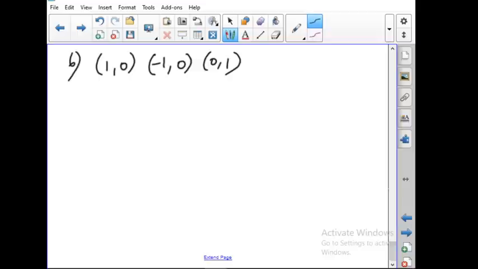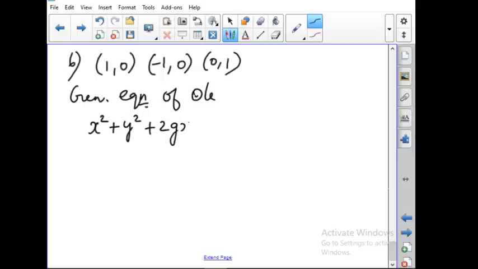So first let us take the general equation of the circle. What is the general equation of a circle? Write down the general equation of circle: x square plus y square plus 2gx plus 2fy plus c is equal to 0. Take this as equation number 1.